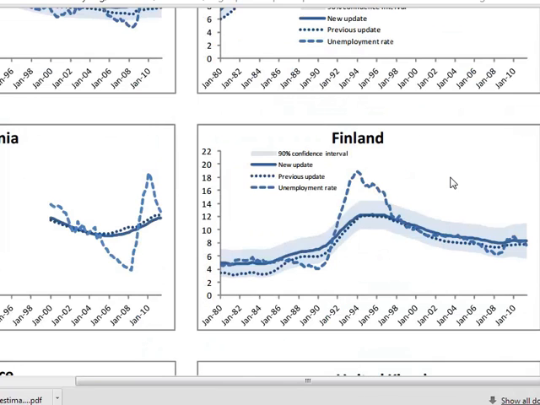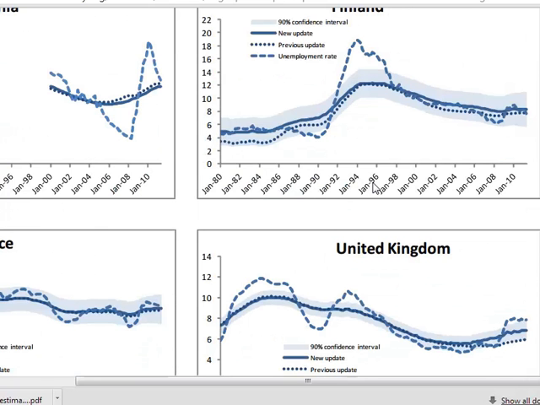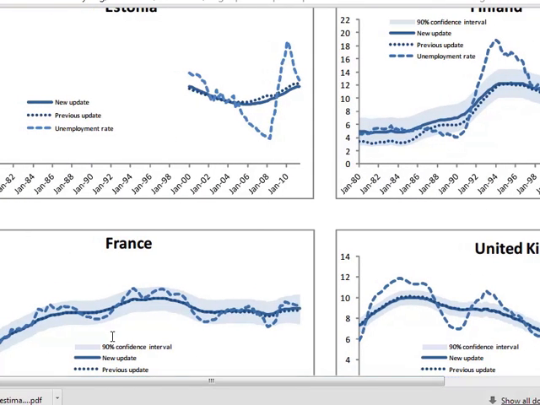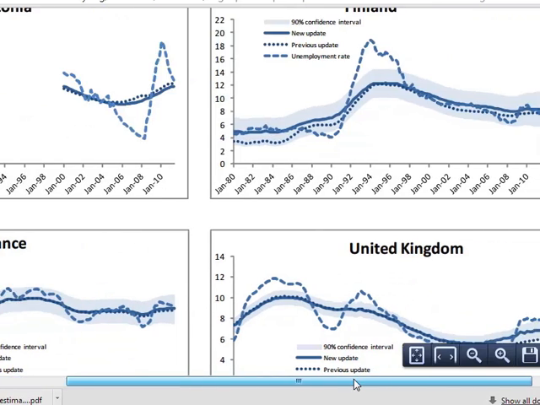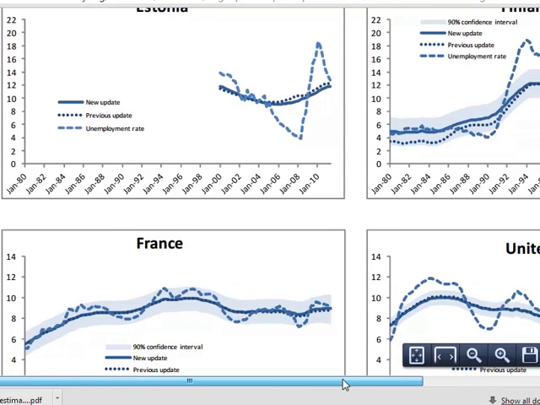Because again, the natural rate of unemployment depends upon things like culture and labor market institutions. Or we could pick on France here. In France, the natural rate of unemployment is maybe 8%, 9%, I can't quite see there, because essentially different countries set their economies up to run differently.